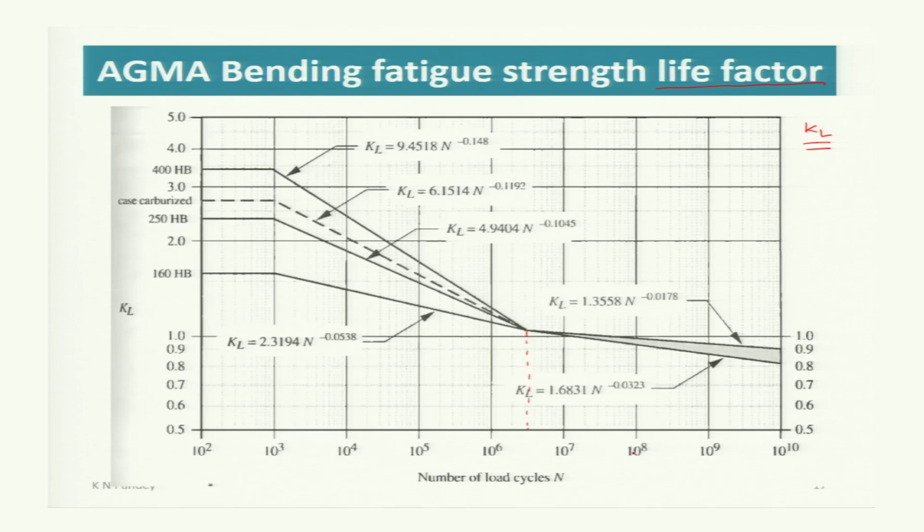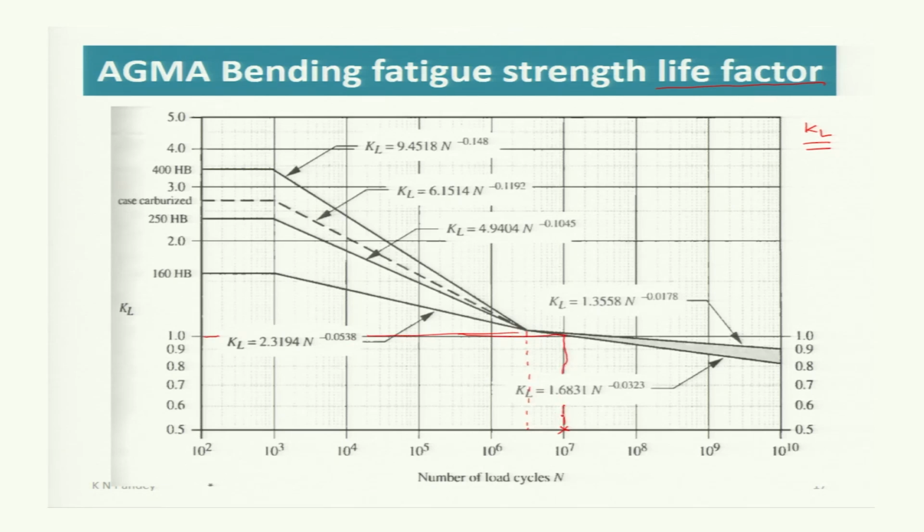As SFB dash is for 10 to the power 7, for 10 to the power 7 the value of KL is 1.